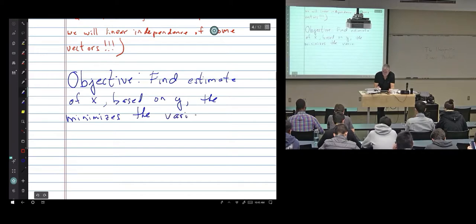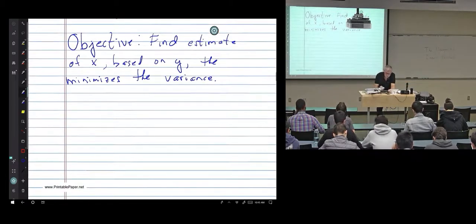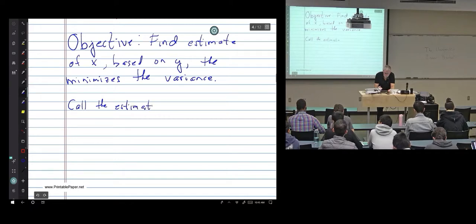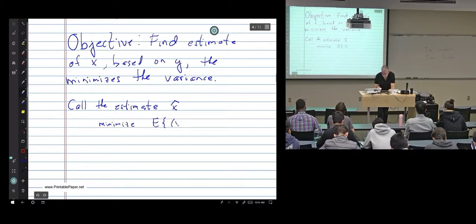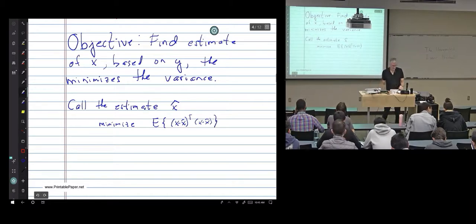That's why it's called a minimum variance estimator. Okay. Call the estimate x hat. And so we want to minimize the expected value of (x minus x hat) transpose (x minus x hat). Okay, minimum variance.